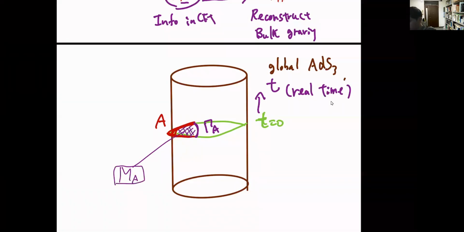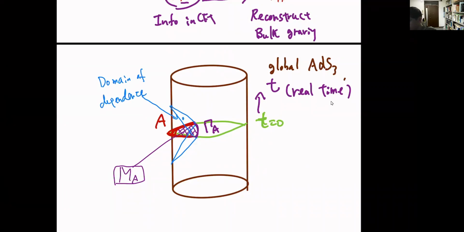Let's start with MA. Then we consider the domain of dependence of this MA, the causally related part. The region which is completely fixed by MA is the domain of dependence.